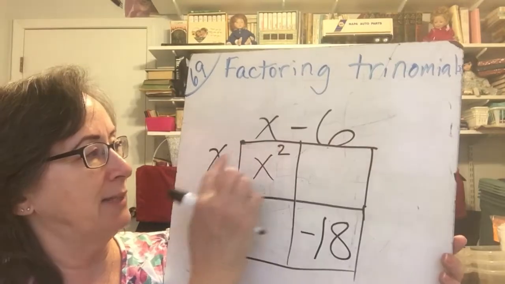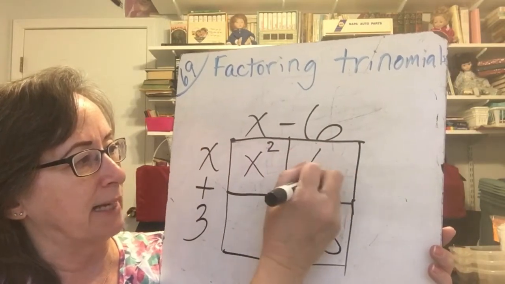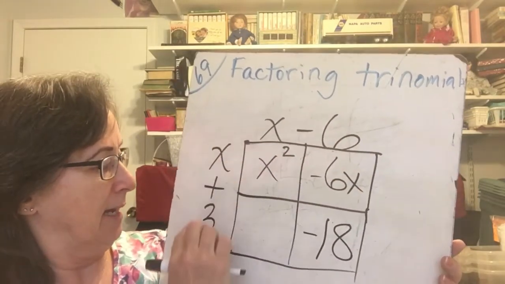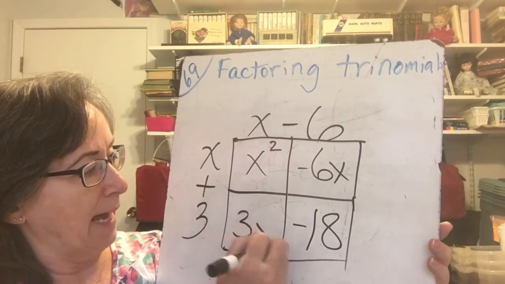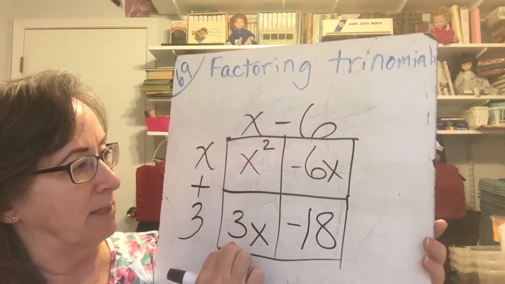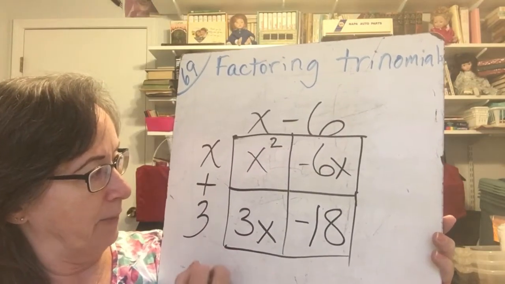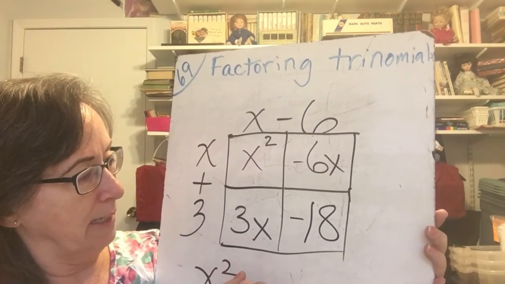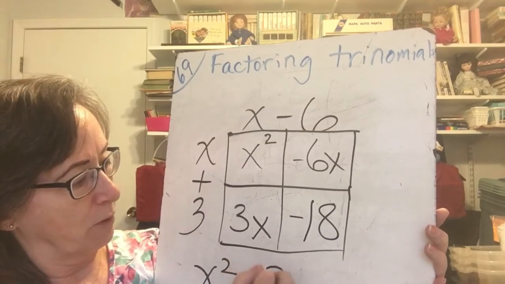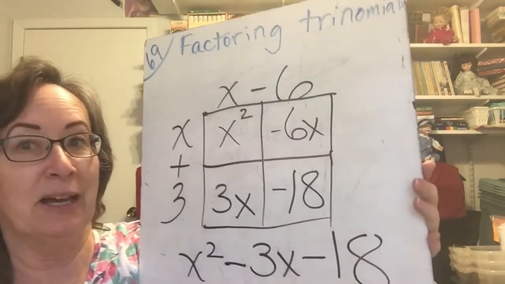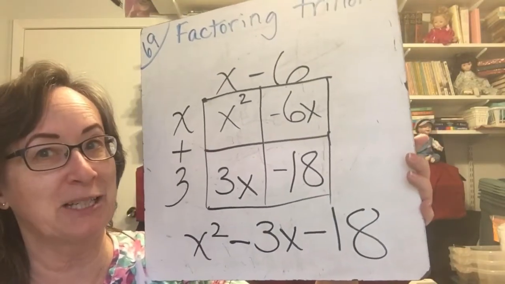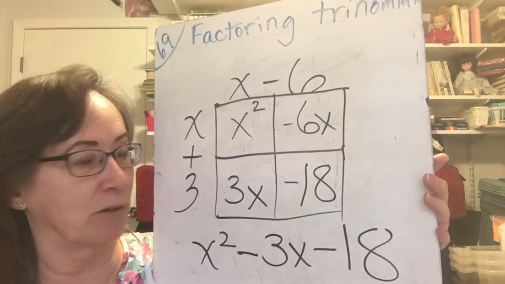Then negative 6 times x is negative 6x, and 3 times x is 3x. When I add these two together, I get x squared minus 3x minus 18, which is what I just had before in that vertical format.